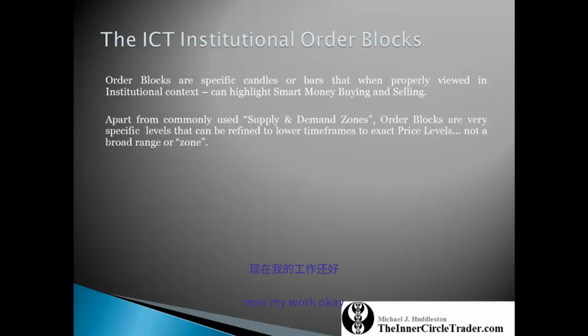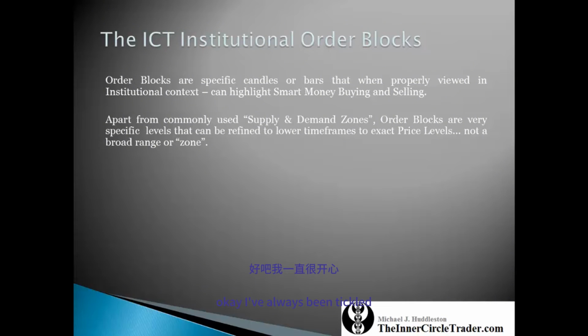Now, my work, while there are similarities to some of it, goes to the nth degree in terms of precision. I don't rely on simply a zone. I don't look at a broad brush idea of a range, which is commonly referred to as a supply and demand zone.